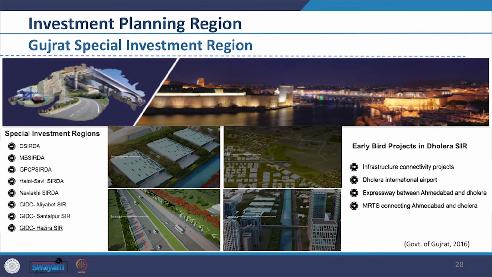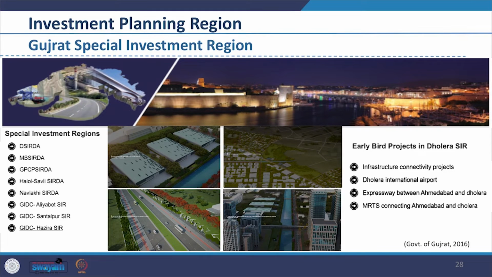Here we see a case example: the state of Gujarat has enacted the Special Investment Region, SIR Act 2009. The act is an initiative to develop investment zones and encourage industrial activities in the state.